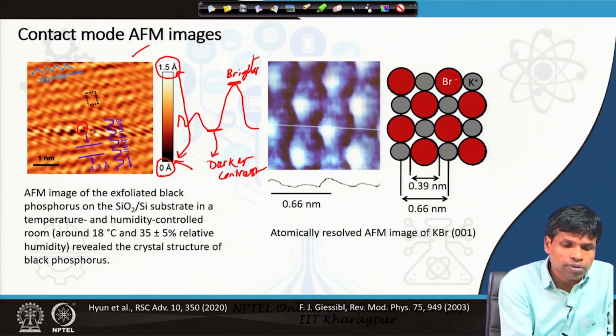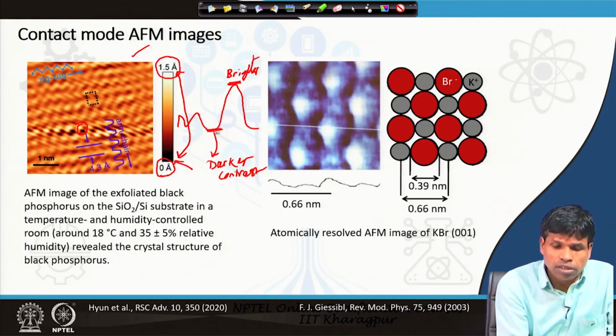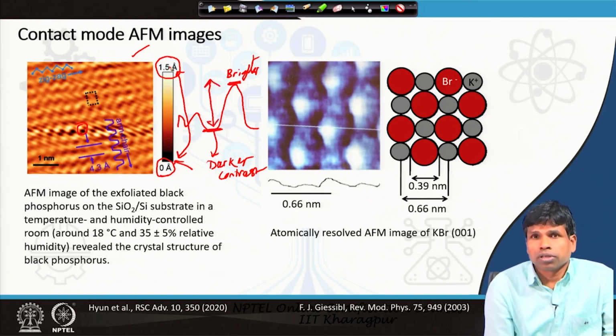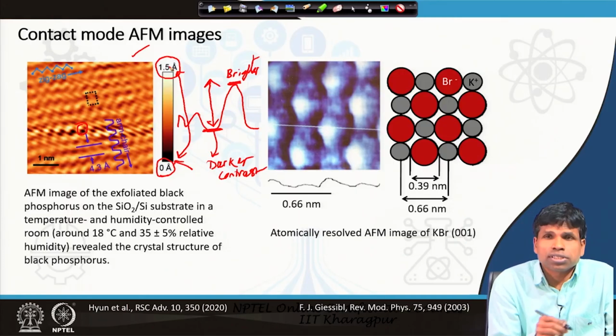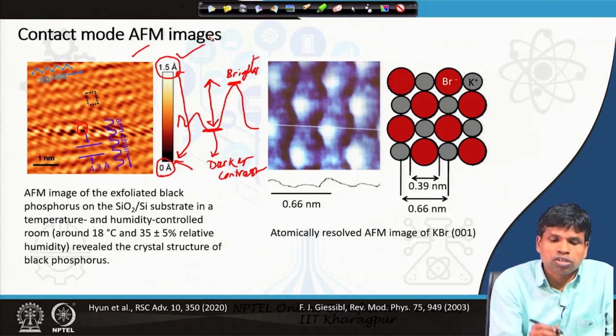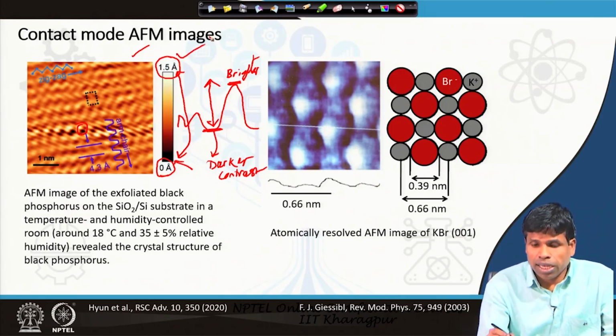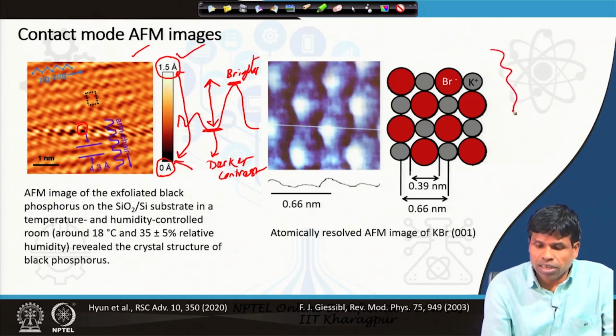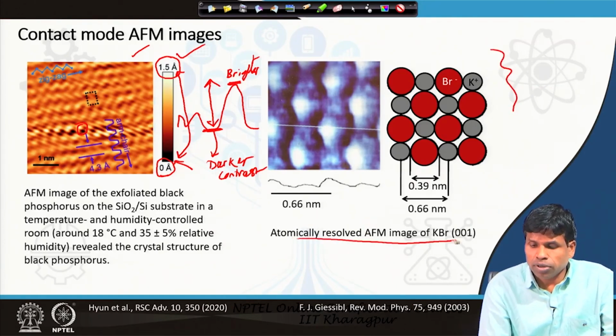That means the brightest region is just 1 angstrom above the darkest part, or the maximum height in this sample is 1.5 angstrom. So, we are able to measure the thickness of the sample in the angstrom region, 1.5 angstrom. And on the right side, you see another example of atomically resolved potassium bromide.